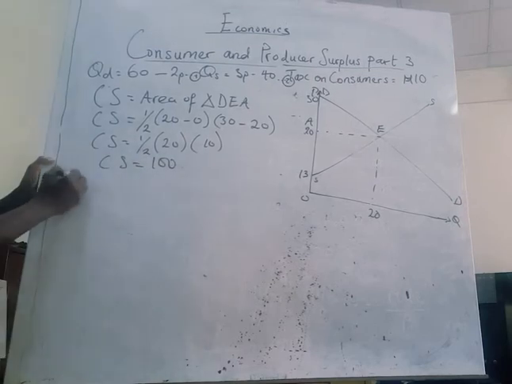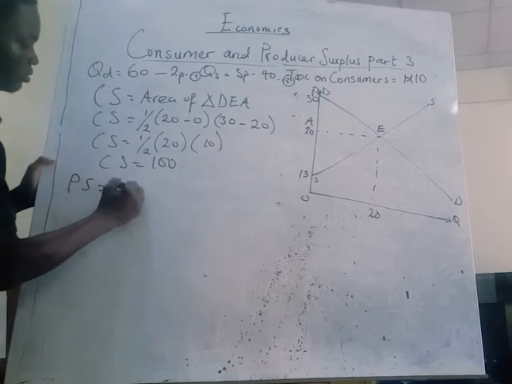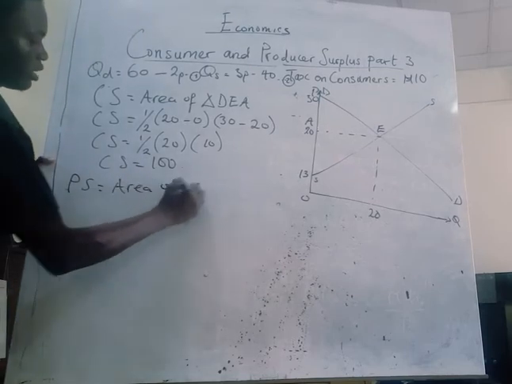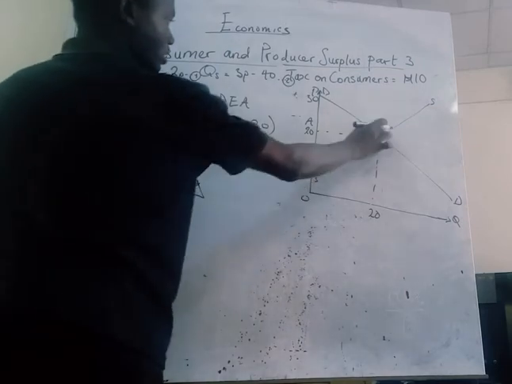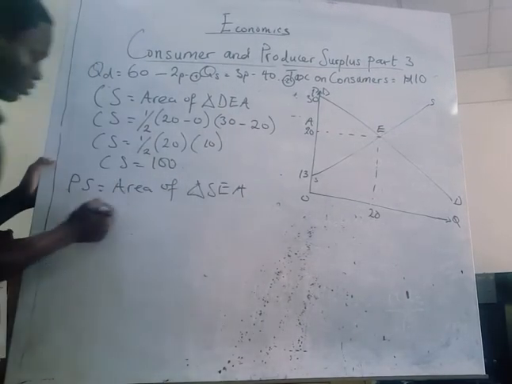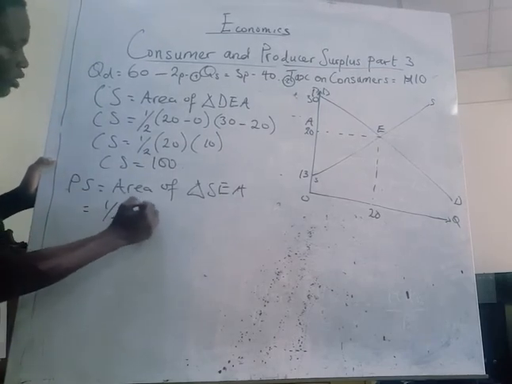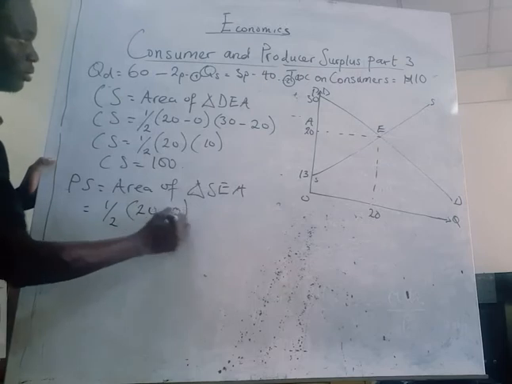Okay, so our producer surplus now is the area of triangle SEA, which is equal to half. The base is the same, 20 minus 0. And then what is the height?